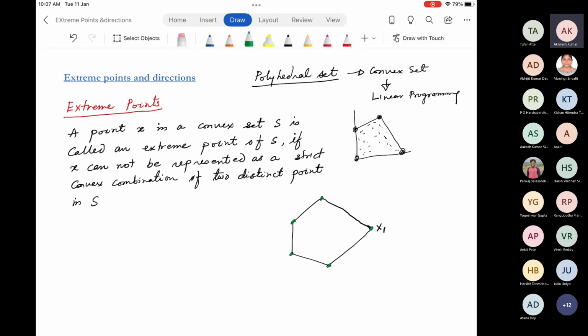As per the definition, any point in a convex set can be represented as a convex combination of two points. But extreme points are special cases.